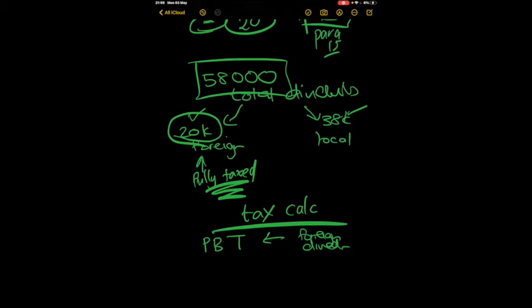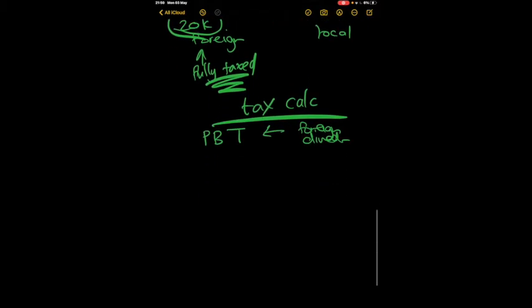Now, if you think about our deferred tax disclosure, in my statement of financial position, is there anything relating to this foreign dividend? Well, no, we're going to assume that these dividends have already been received in cash, so there's nothing sitting in the statement of financial position, which means that there's no deferred tax.